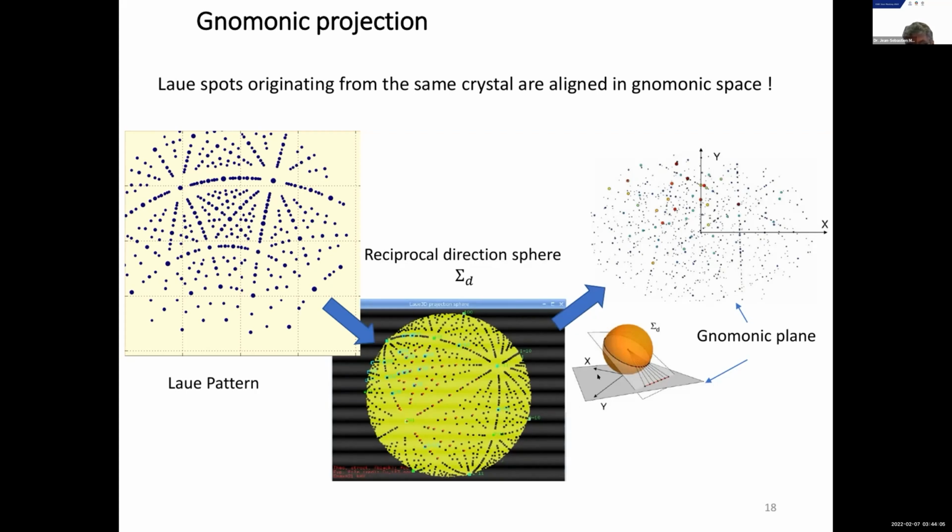Now imagine that you project all the directions onto a plane which is tangent to this sphere. What was aligned on the sphere is now aligned on a plane.